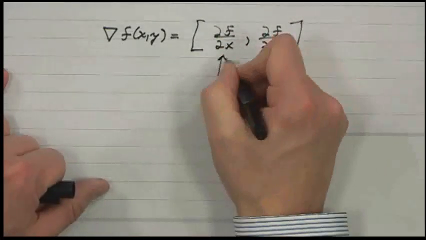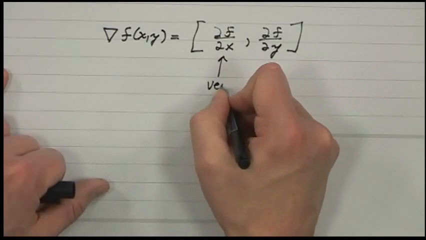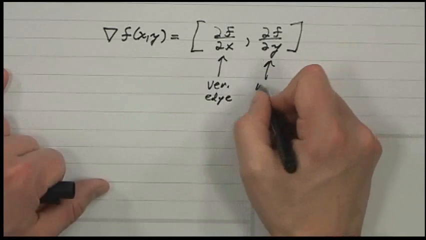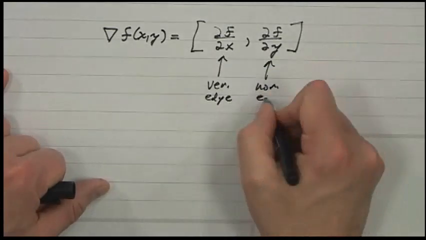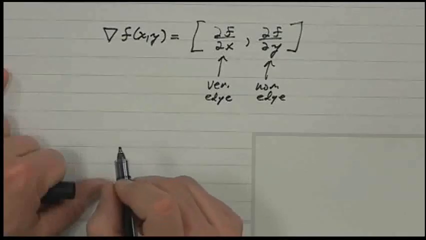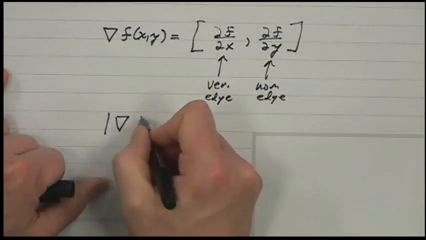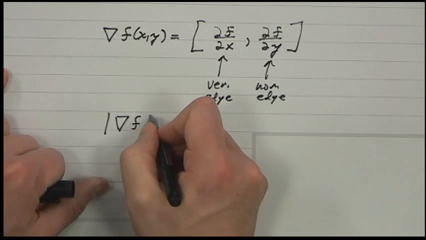So this will be vertical edges, and this will be horizontal edges, right? So what I can do is I can take the magnitude of this vector.